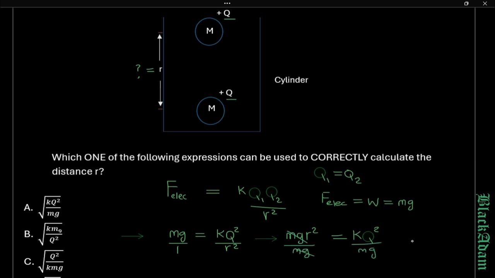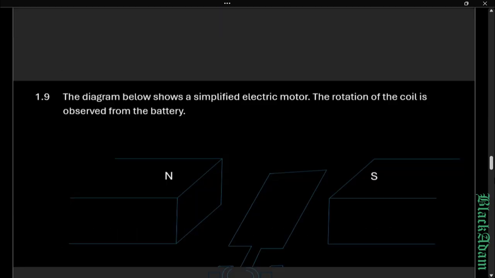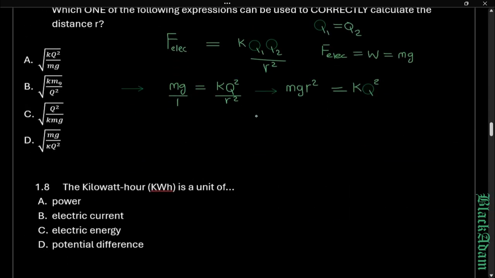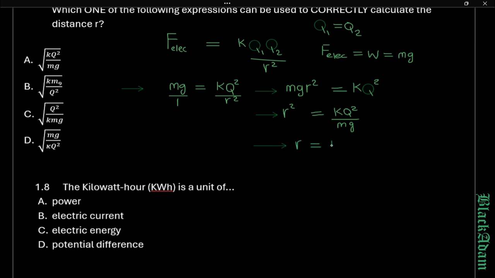So mg cancels out, so we have r squared as kq squared all over mg. And that means solving for r is plus or minus root of kq squared over mg, and that is A. Okay, and then our answer is A.